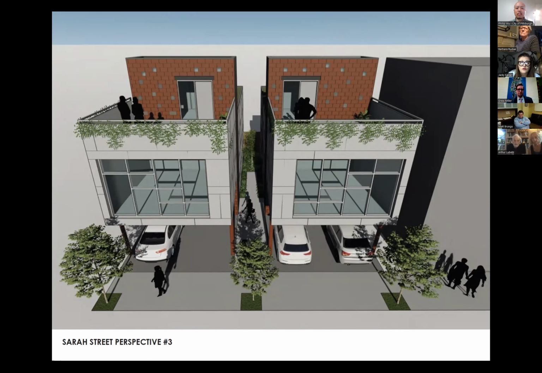And as you can see, when I showed the back, the buildings in the back are on their property line. So this building is, I think, rather contextual with what exists in and around it, in terms of its setbacks.